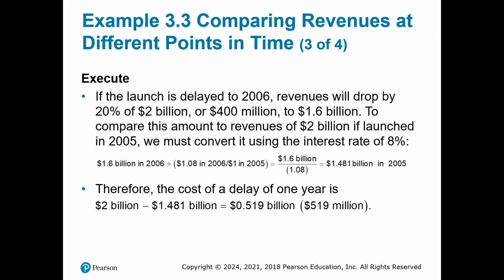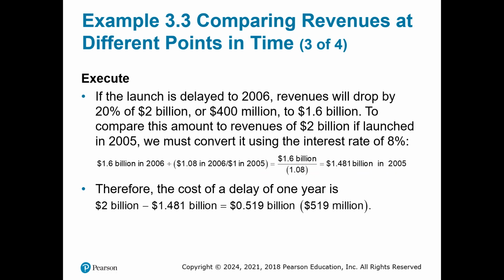And here you see the formula. $1.6 billion in 2006 divided by $1.08 in 2006 per $1 in 2005 equals 1.6 billion over 1.08 equals $1.481 billion in 2005.